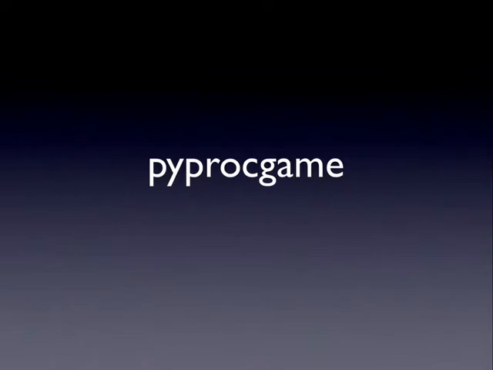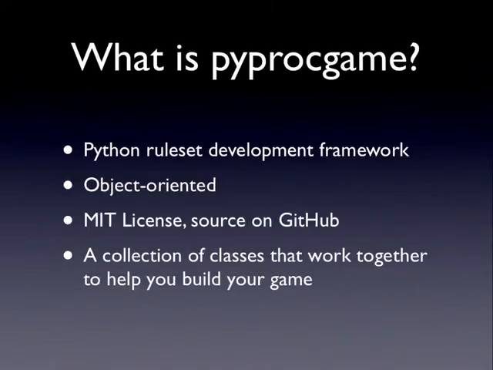So let's get to the meat of the conversation here, pyprocgame. Pyprocgame, as I mentioned before, is a rule set development framework. It's object-oriented, it's open source, it's available on GitHub right now. You can download it, you can modify it, you can fork it if you're familiar with all the Git stuff.